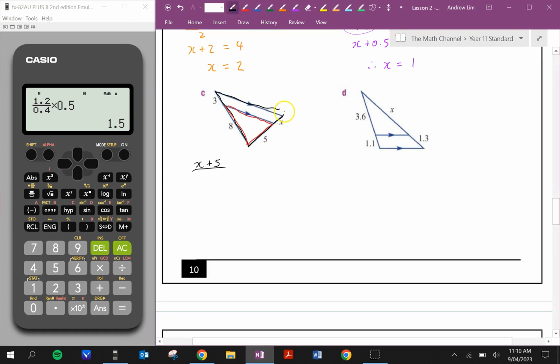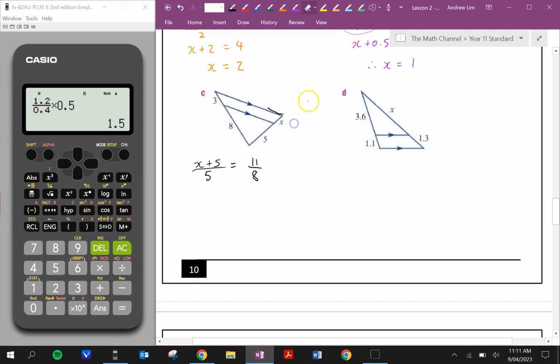So we know that this longer side corresponds with this shorter side. So x plus 5 over 5 is going to equal this longer side of 11 over the shorter side, which is the 8. Not the 3, because we want the shorter side of the smaller triangle.